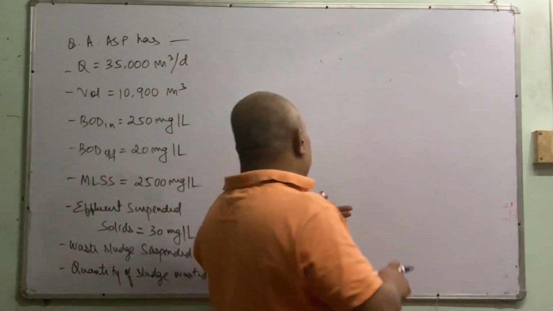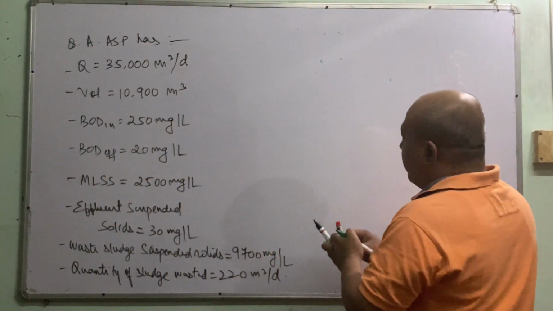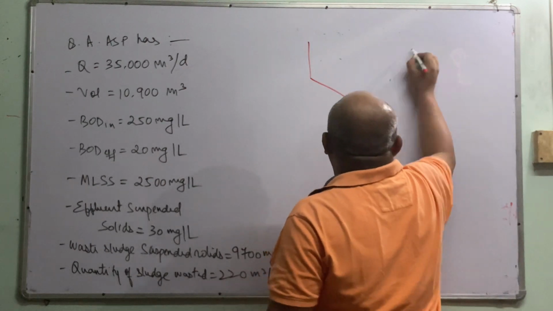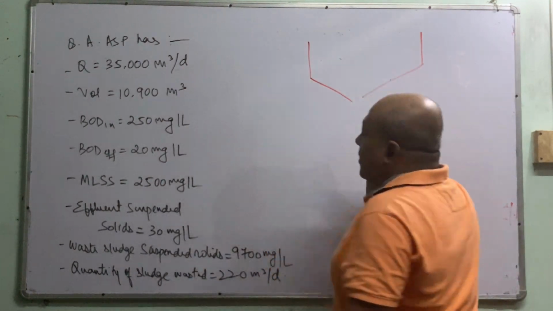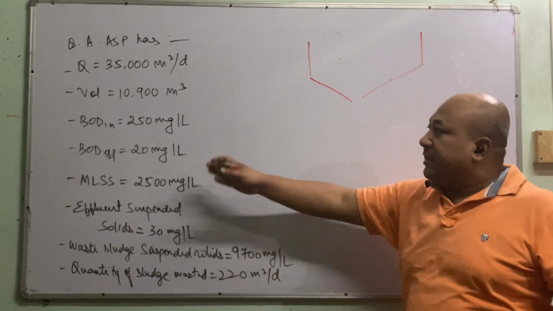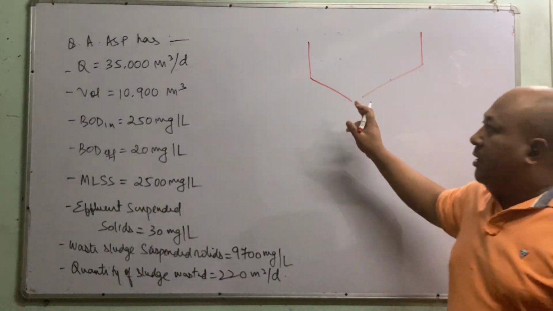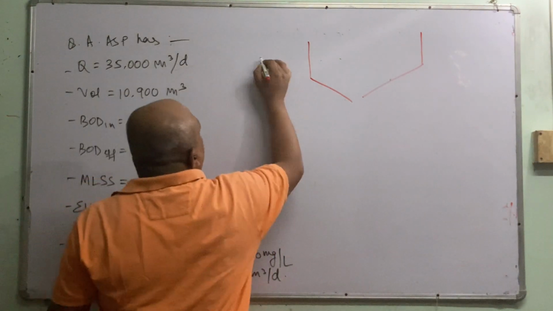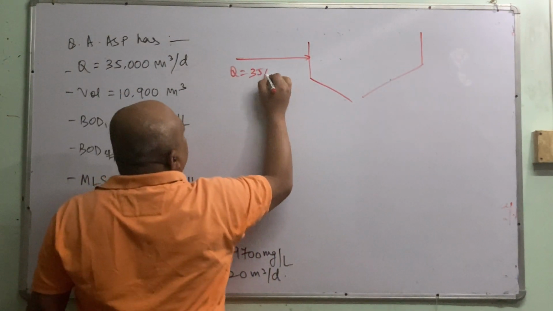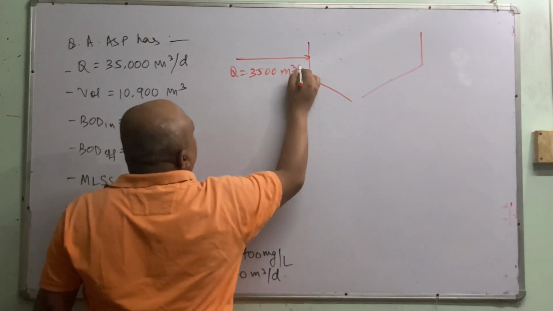From this value, let me draw a rough picture over here. Let's say this is the reactor. The main important thing is you should know how to interpret this given data into pictures. Okay, so this is Q is equal to 35,000 meter cube per day.